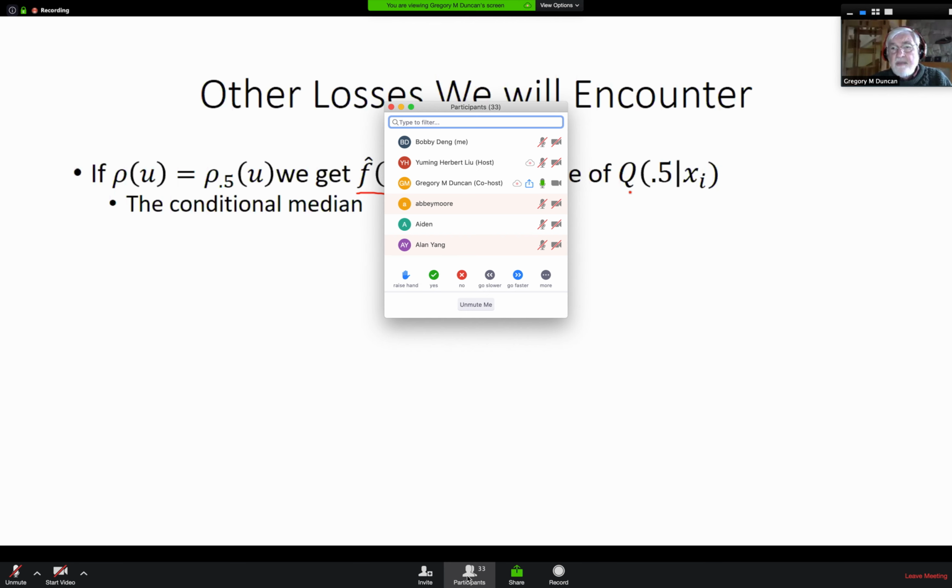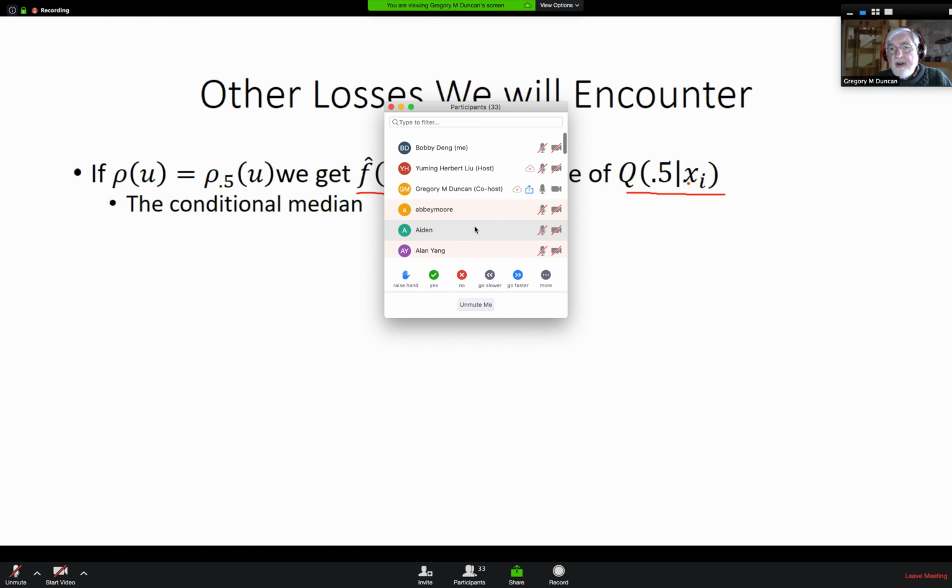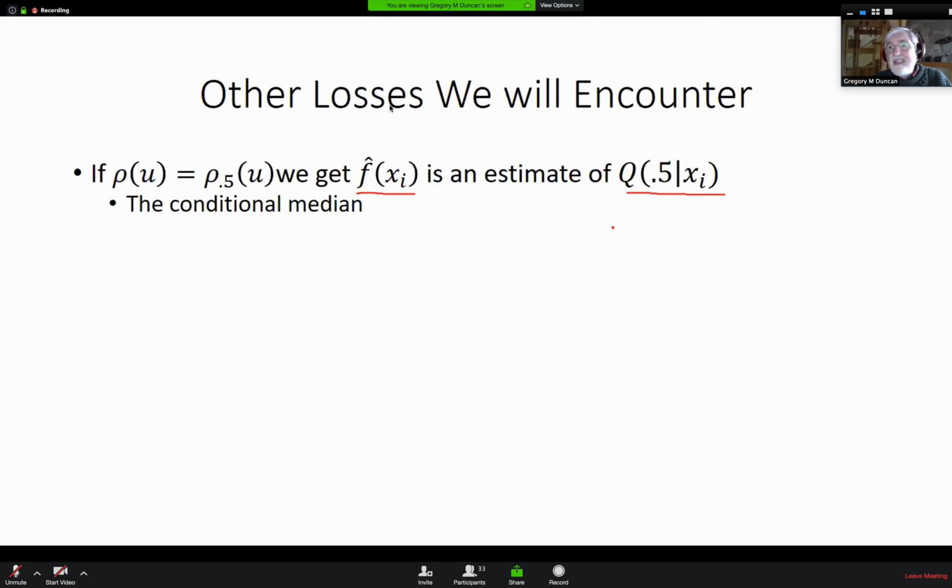I get an estimate of the quantile at 0.5 given x. That's a conditional median. It turns out if your loss function was the absolute value of u, you would get exactly the same thing. That doesn't always happen, but it can.